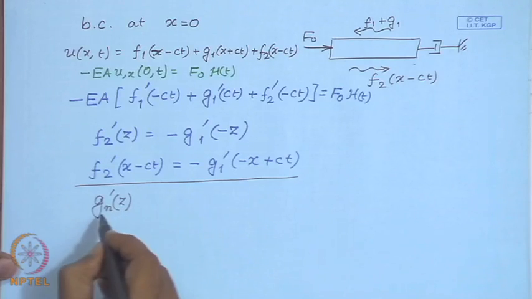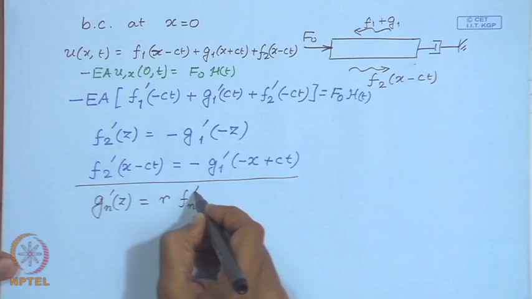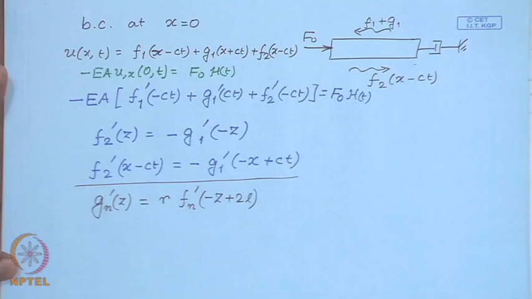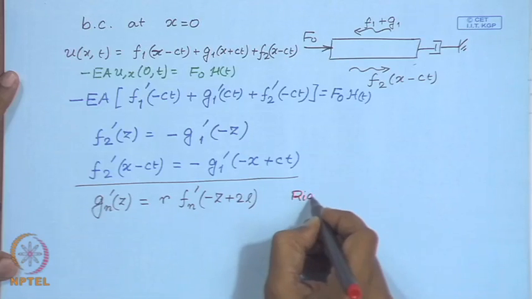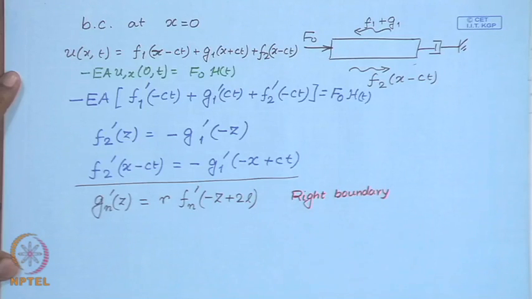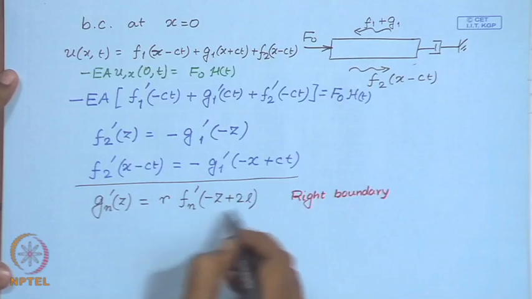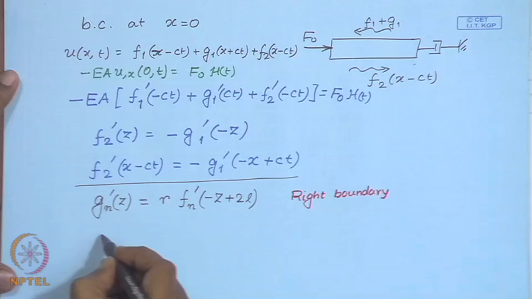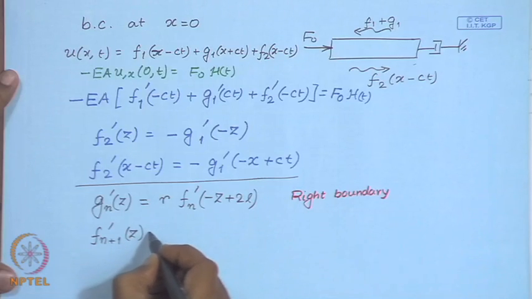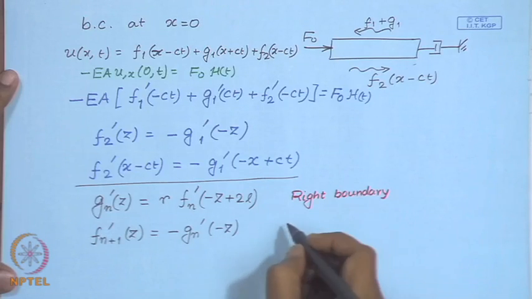It is like this, that at the right boundary, the reflected wave that is generated at the right boundary is in terms of the incident wave, and the reflected wave that is generated at the left boundary, so this is for the left boundary.